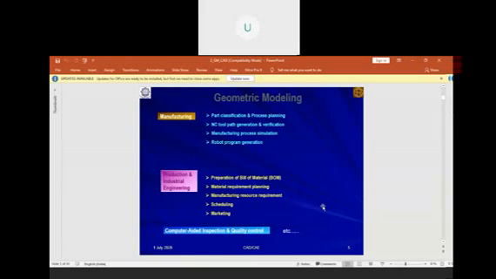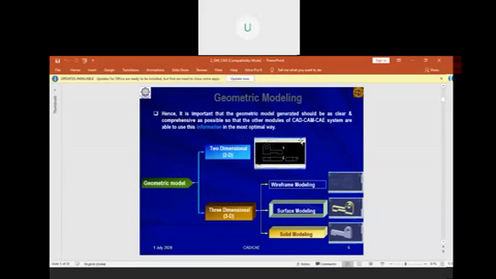Similarly, for computer inspection and quality control, the geometric model is also required. From these downstream applications, you can realize that the geometric model is very important, and it is the very first type of CAD work, so it should be correct. It is a starting point and it has downstream applications. Without the geometric model, the downstream applications will not work. So it should be an unambiguous representation of your links, your mechanical components, or your object.